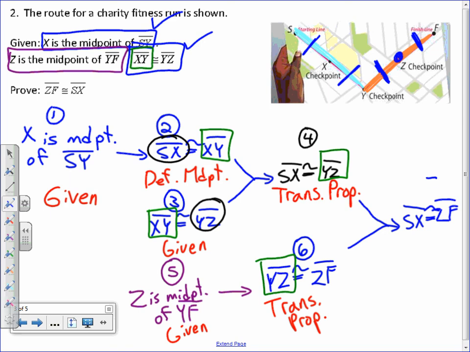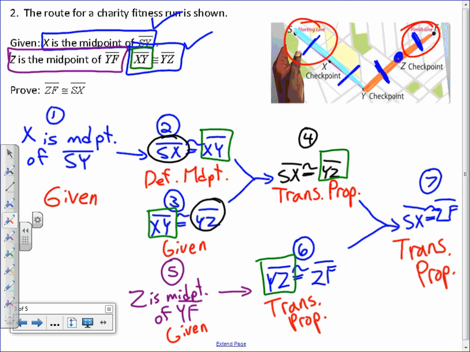That's my very last statement. Again, because of the transitive property. And that was what I was trying to prove. I was trying to show that ZF and SX were congruent.